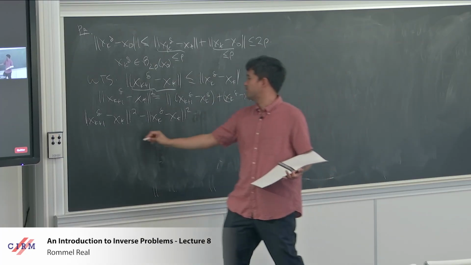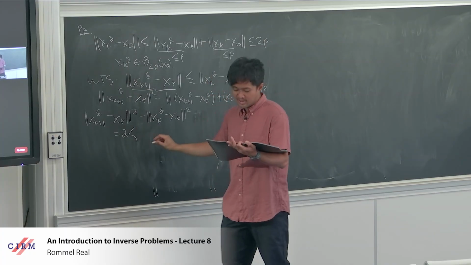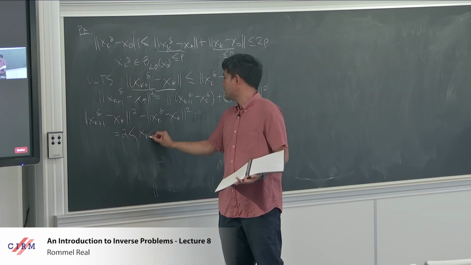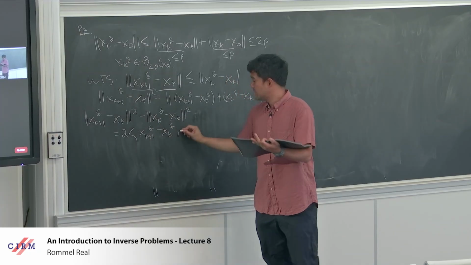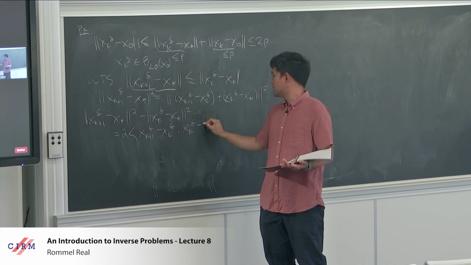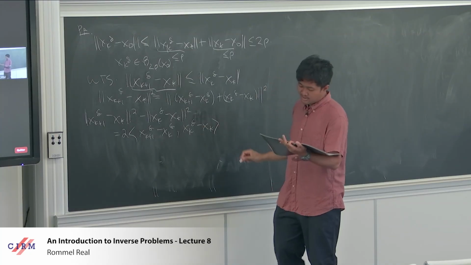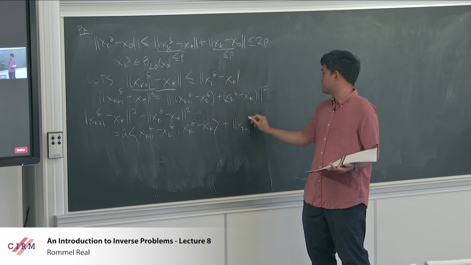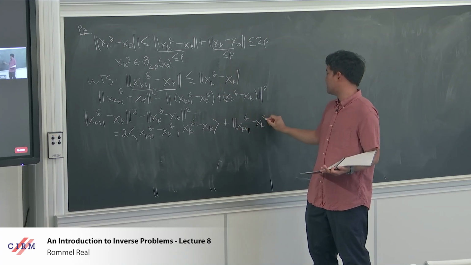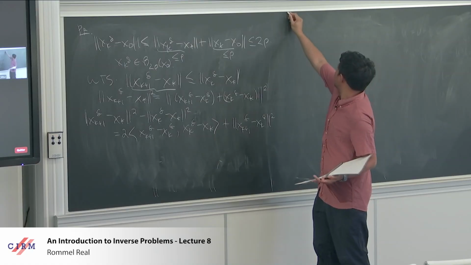We will just put it here. That's xk plus 1 delta minus xk delta times xk delta minus x star plus the norm of xk plus 1 delta minus xk delta squared.